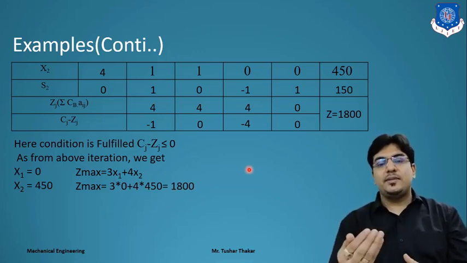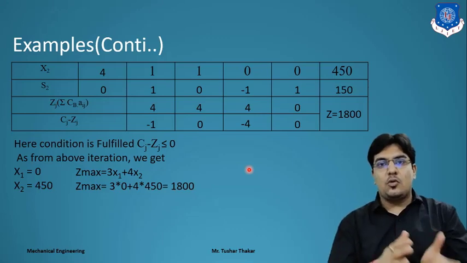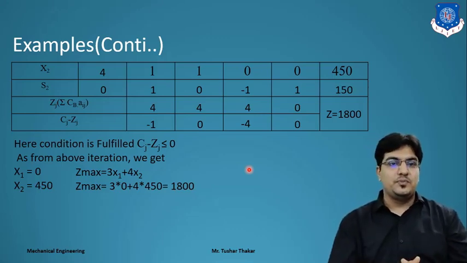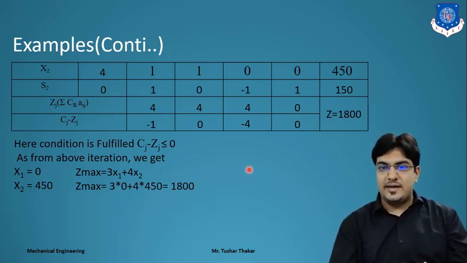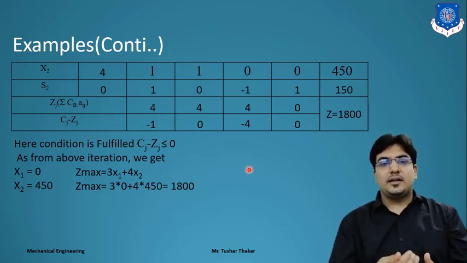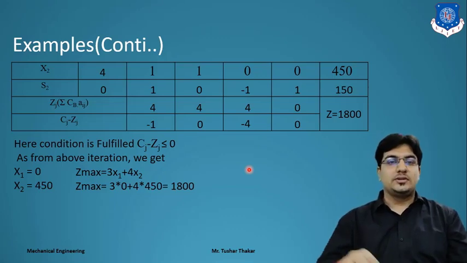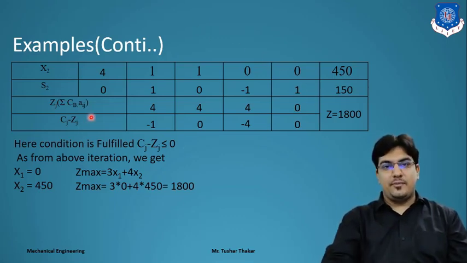So simply we take the equation as old minus new for the next row. After that again we find Zj, Cj minus Zj, and again check whether Cj minus Zj is less than or equal to 0 or greater than or equal to 0, according to the maximization or minimization problem. If we fulfill the condition, then the problem is over. So this is the simple basic step of the simplex method.